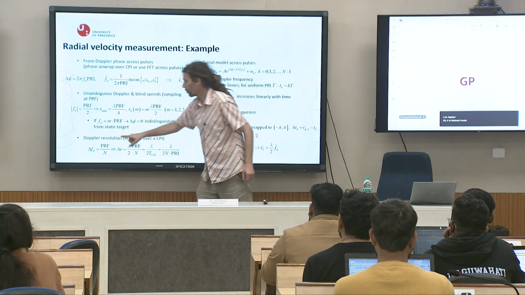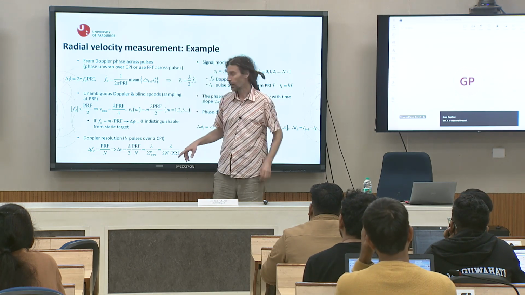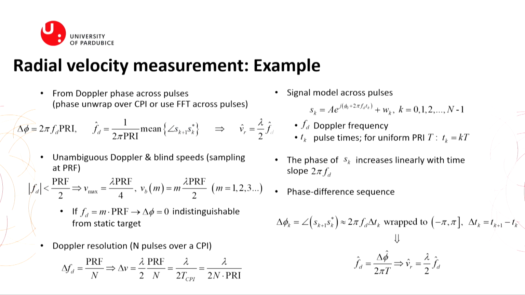So what is the Doppler resolution over a CPI? It depends on how many pulses are in a CPI. With 1000 pulses, it is this matrix: I have 1000 samples, and for each corresponding sample in the CPI I compute the spectrum. It is the second approach. It could be computed from the derivative of phase or from the spectrum. If from the derivative of phase, you expect, when you use unwrapping of phase, that it will be linear.